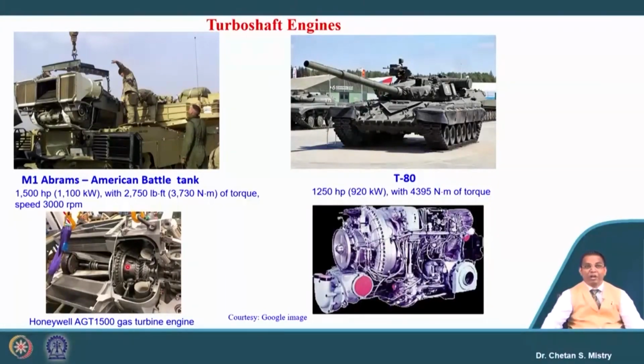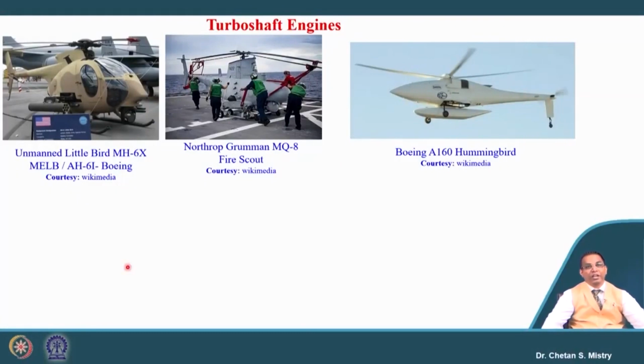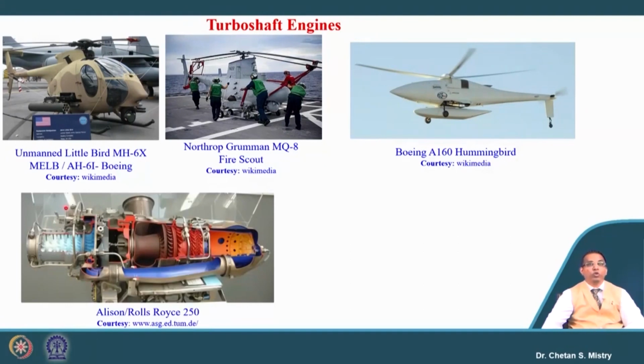Okay. Now, let us look at other applications. Here, these are applications of the turboshaft engine for UAV helicopters. These two UAV helicopters, the unmanned Little Bird and the Northrop Grumman, are both run using the Allison Rolls-Royce 250 engine.